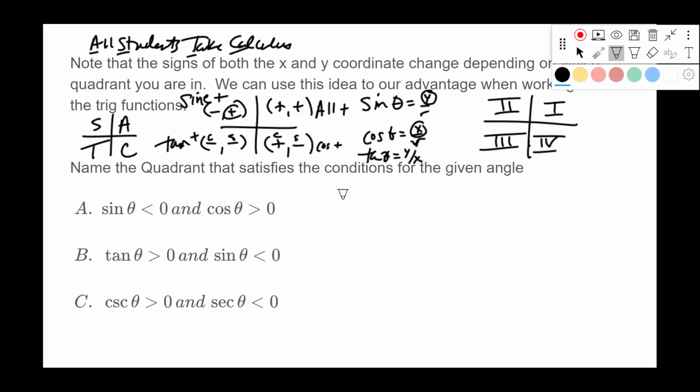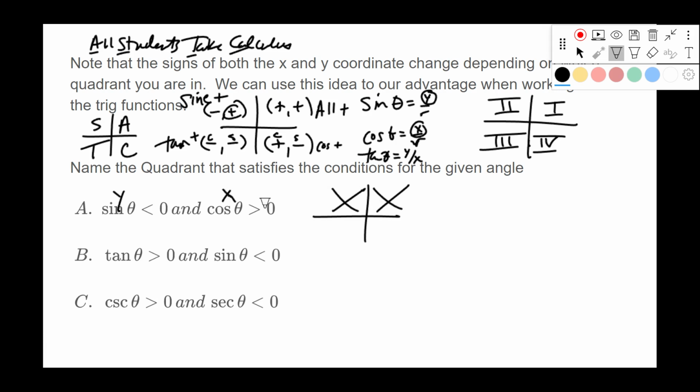All right, here we go. Sine is negative, cosine is positive. Remember, sine is the y coordinate, cosine is the x coordinate. So I'm asking you, in which quadrant is the sine, the y coordinate, negative? If the y coordinate is negative, then it's not that one, and it's not that one, because the y coordinate's positive here in 1 and 2.